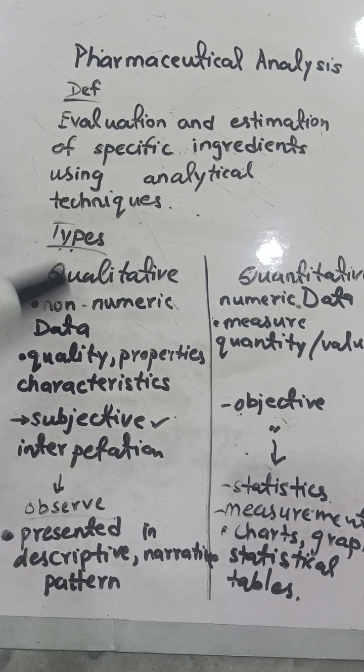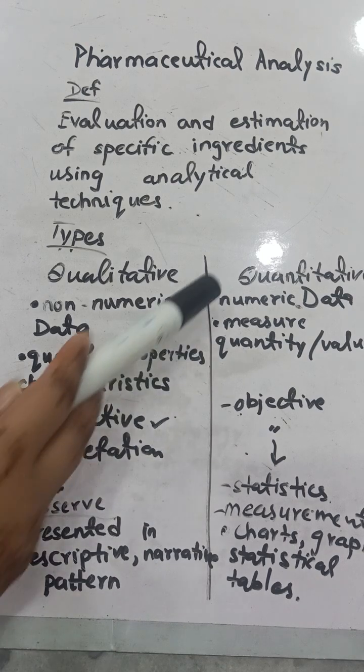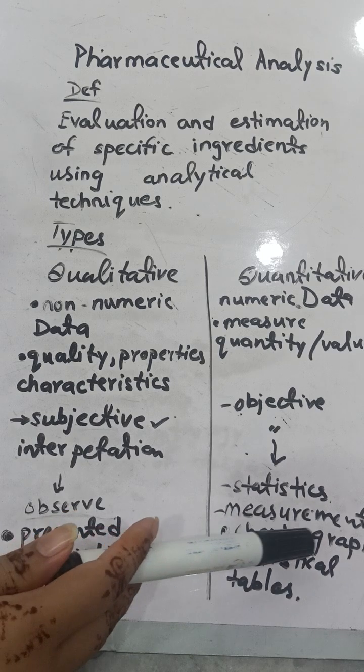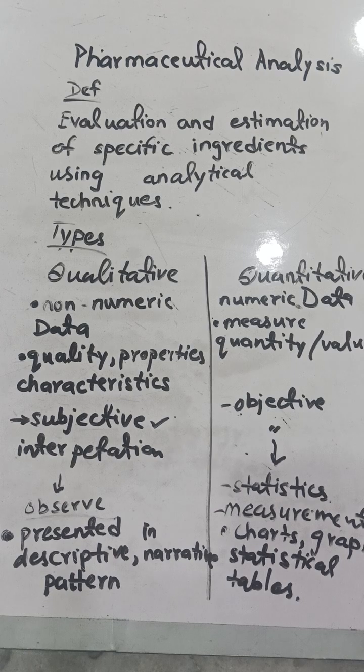The qualitative one is represented in a descriptive, narrative, long paragraph manner, while the quantitative one is shown in charts, graphs, and statistical tables. So this was something that we discovered here.